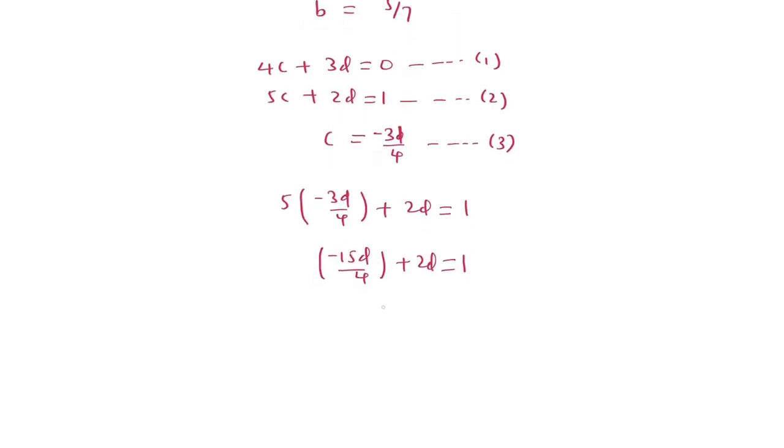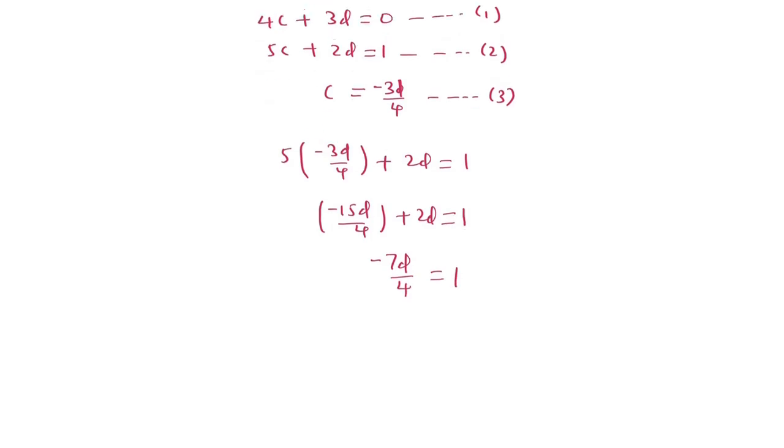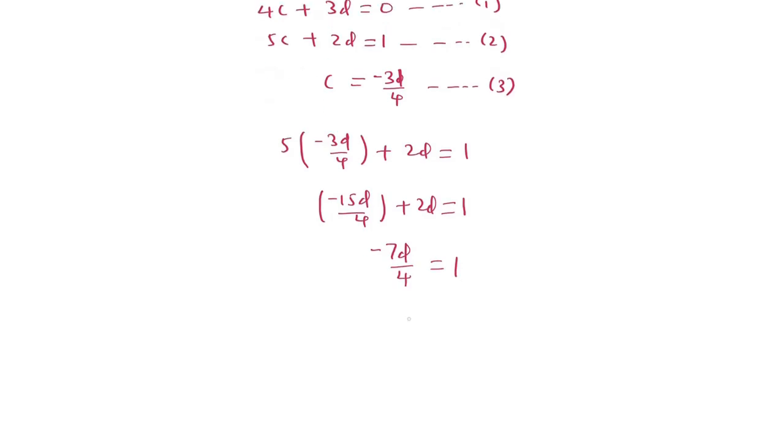Solving further, we are going to have negative 7D over 4 equals 1. Okay, so now let us make D the subject. Then D equals negative 4 over 7.